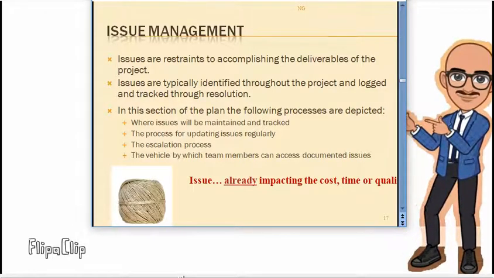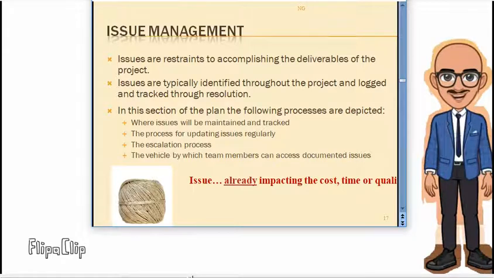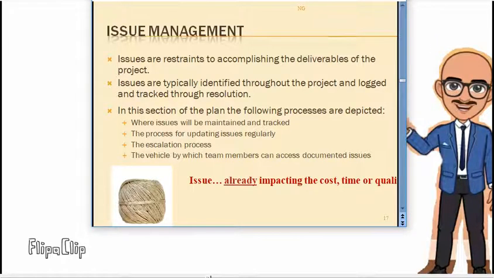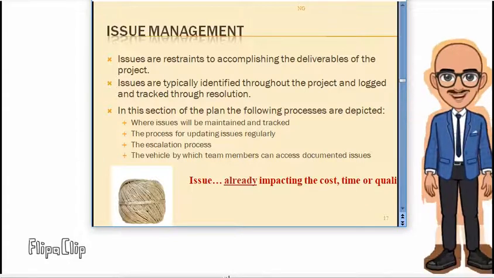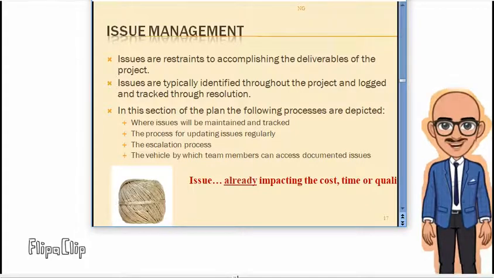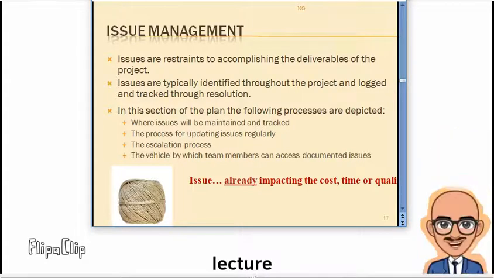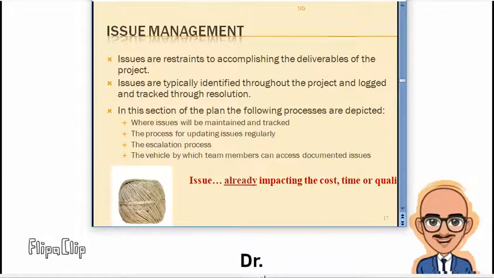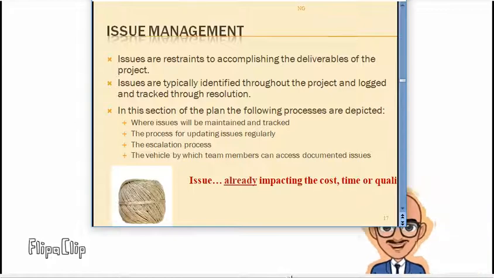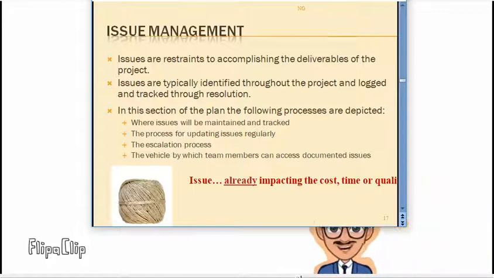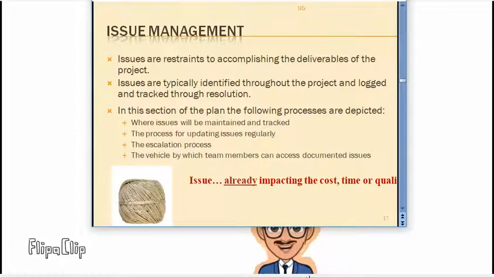Then the process for updating issues regularly. In the planning part, if any issue comes, it has to be properly recorded, and it has to be escalated. Escalated means you have to inform the boss, the project manager, and all the people concerned with the project, so they know what is happening and any kind of issues or problems that may crop up.